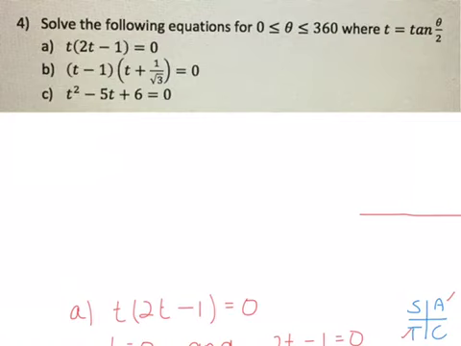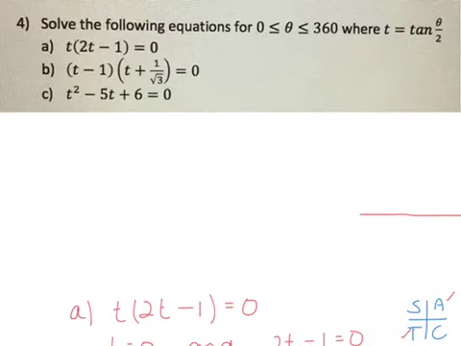So looking at tan of 0 first and considering the graph, we can see that tan of 0 occurs at 0 degrees, 180 degrees, and 360 degrees. So that gives us our first set of values for theta on 2, all of them lying in the domain of 0 to 360 degrees.